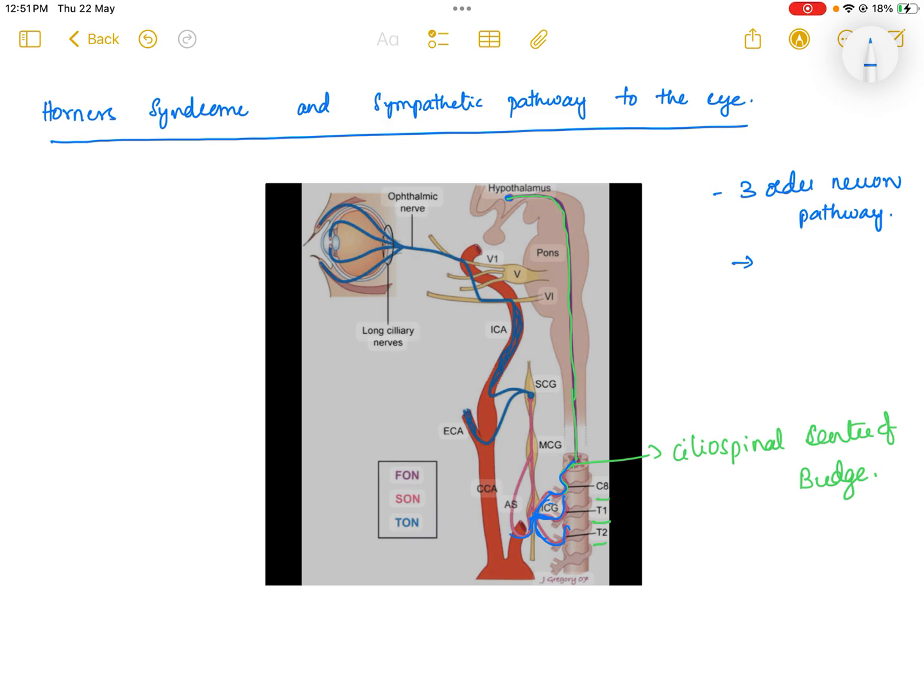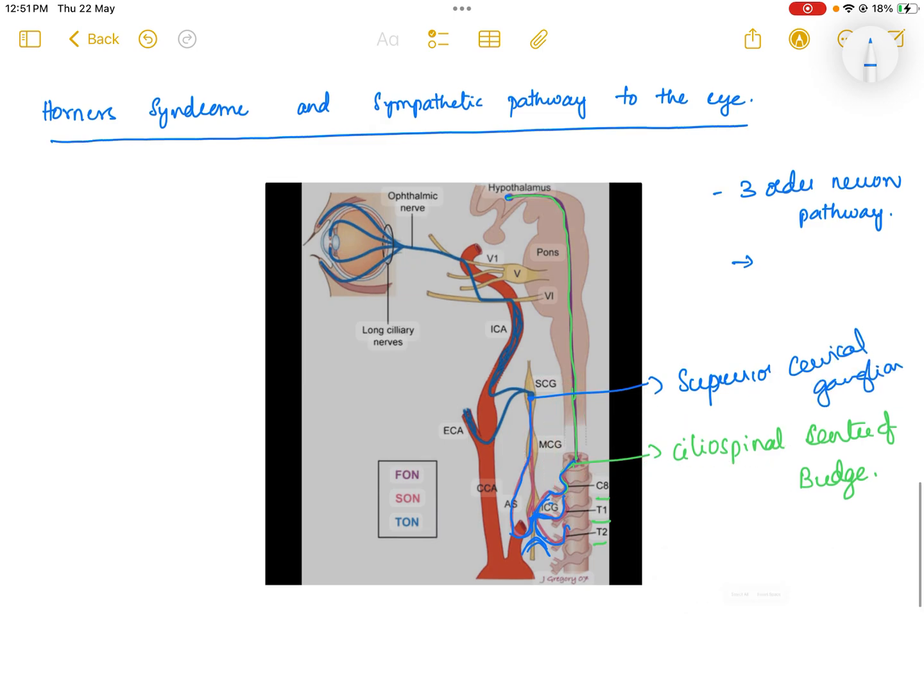Before going to the subclavian artery, there is lung apex here, and then below the subclavian artery, and it goes from the middle cervical ganglion and then relays at the superior cervical ganglion. It is called superior cervical ganglion.